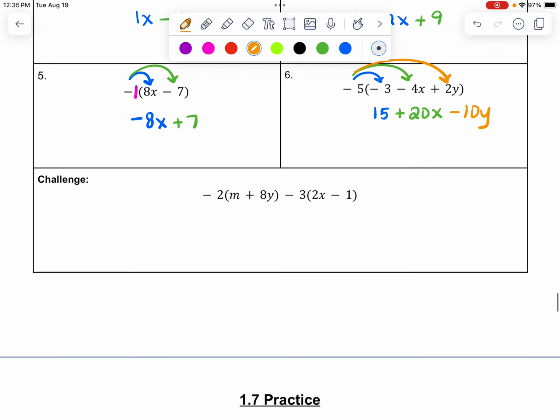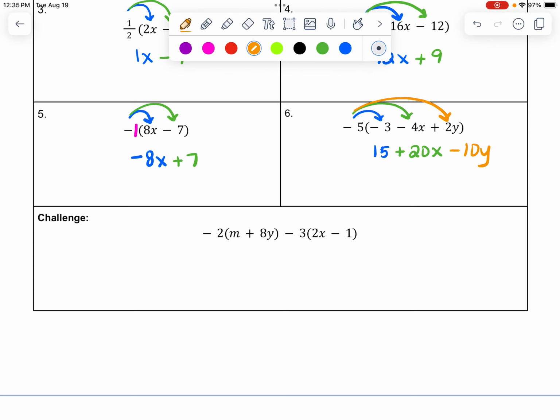Last but not least, as a little bit of a challenge, sometimes we have more than one parentheses in the same problem. In this case, we have a parentheses here, and we also have a parentheses here. When that happens, we're just going to do two separate distribution problems. So the -2 will get multiplied by the m, which is -2m, and the -2 will get multiplied by the 8y, which is -16y.